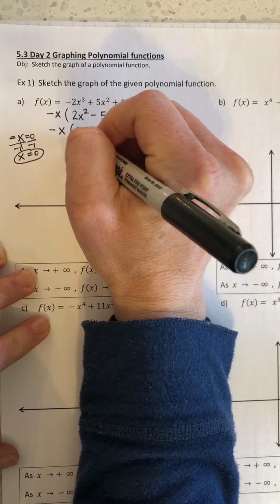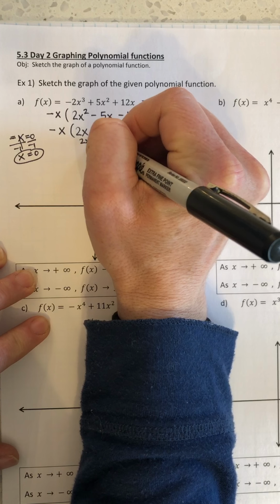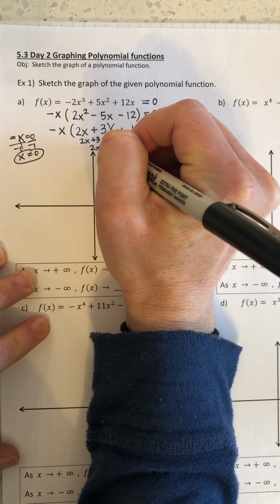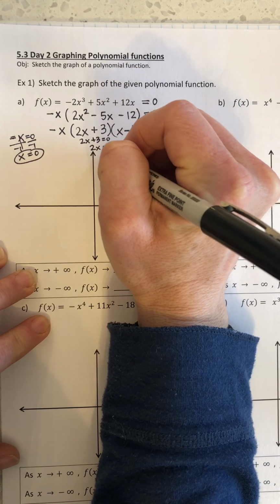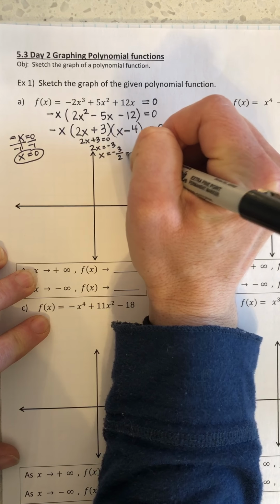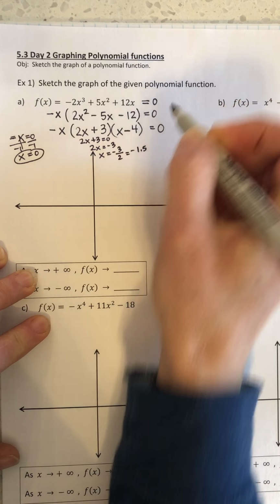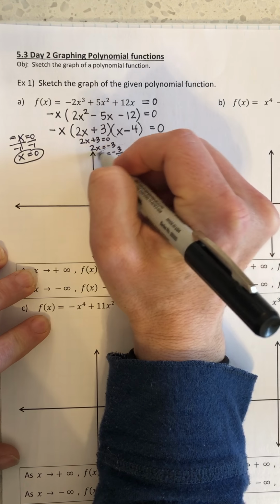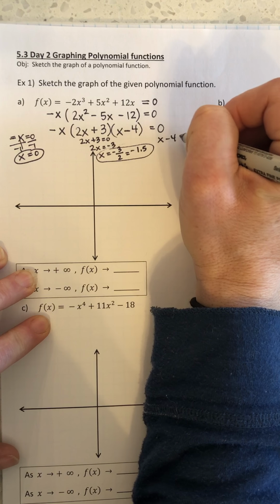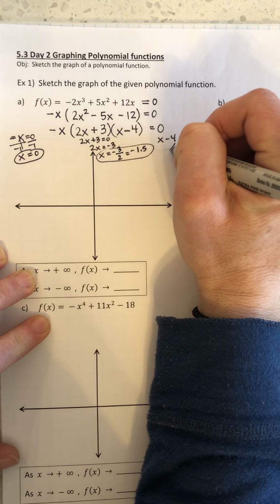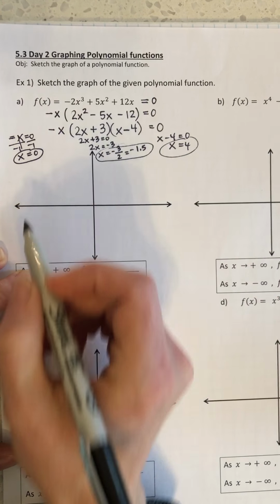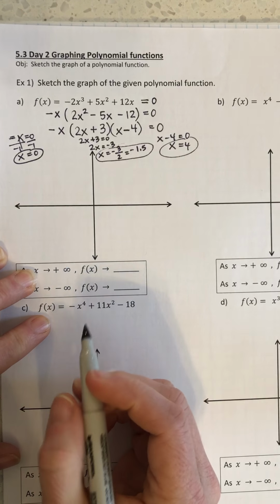All right, if I set 2x plus 3 equal to 0 and solve, minus 3 and divide by 2, x equals negative 3 halves, or negative 1.5 if it makes it easier to graph that on your x-axis. And then the last one, if x minus 4 gets set equal to 0, then x would equal 4. And those are my 1, 2, 3 x-intercepts to my degree 3 polynomial.